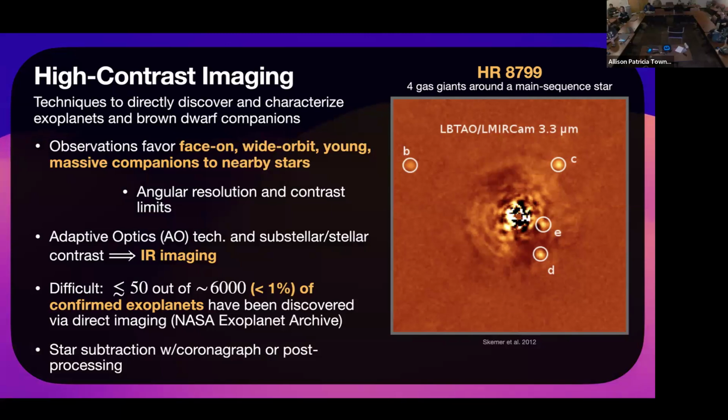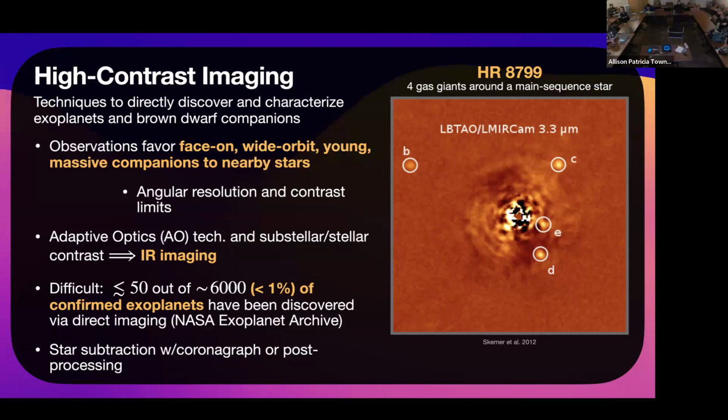And young companions are preferred because these observations, as of now, are almost entirely done in the infrared. So we're just looking at the residual heat of these planets and brown dwarfs.